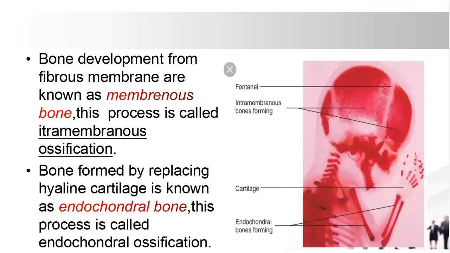Those bones that are formed by replacing hyaline cartilage are known as endochondral bones, and this process is called endochondral ossification.